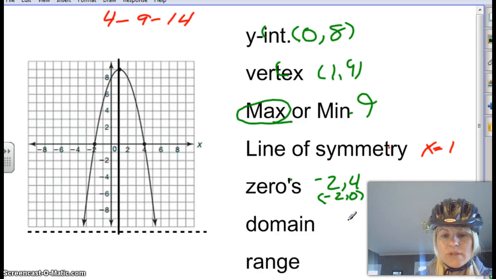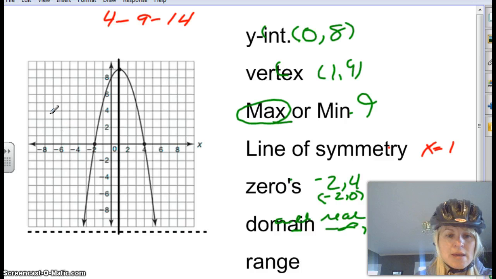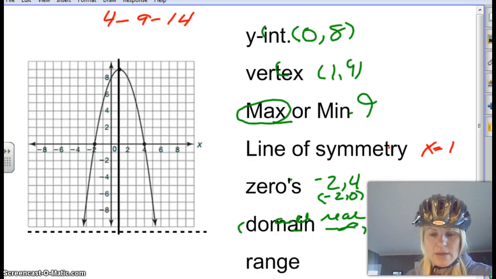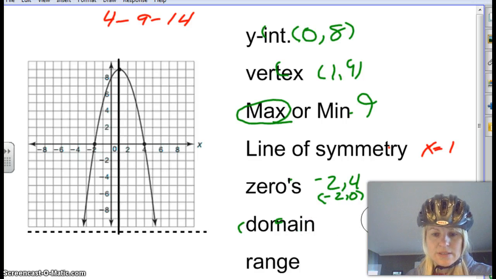But most times you're going to see it say negative infinity to positive infinity, okay? This would be the negative infinity, and this would be the positive infinity. So generally you can write it as a coordinate.